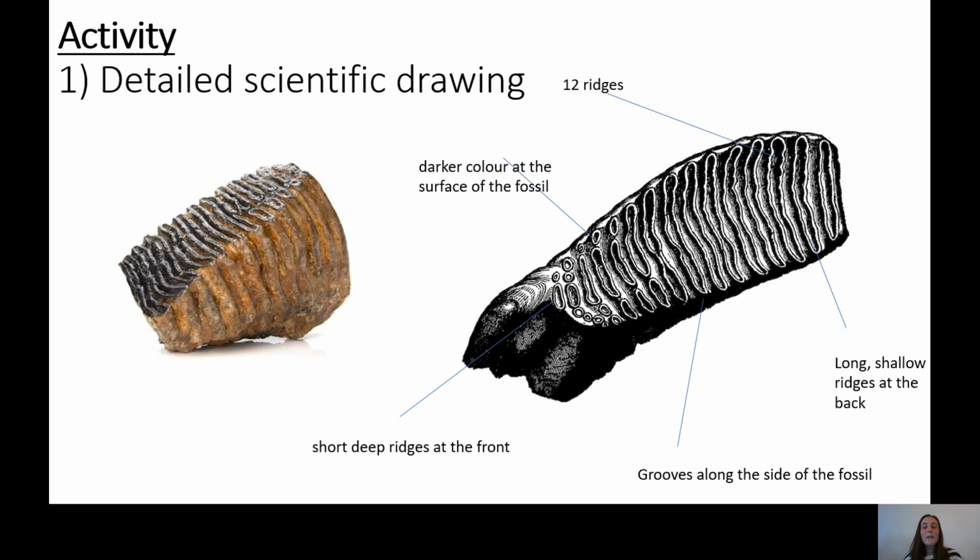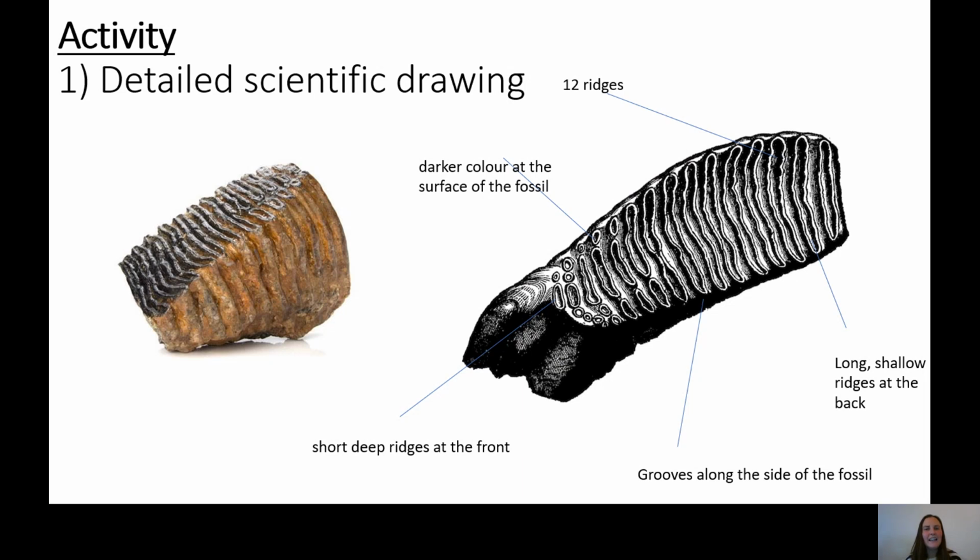So with the scientific drawing, you will also do labels. As you can see, I've labelled the ridges of my fossil. I've talked about the colour of the fossil. I've talked about the different size of the ridges, and I've talked about the grooves along the side of my fossil.